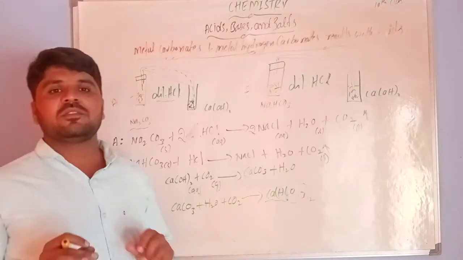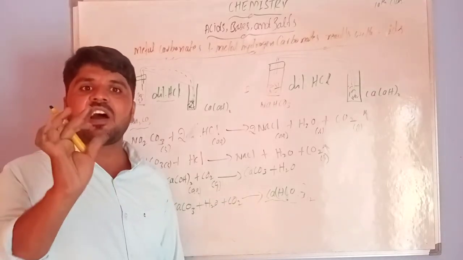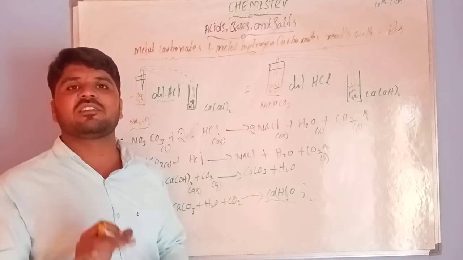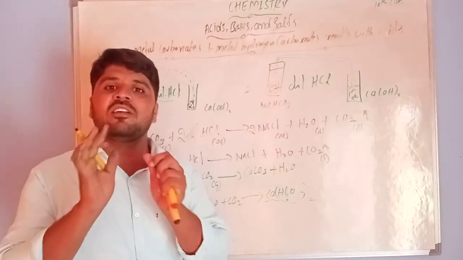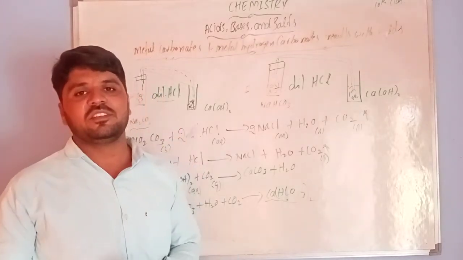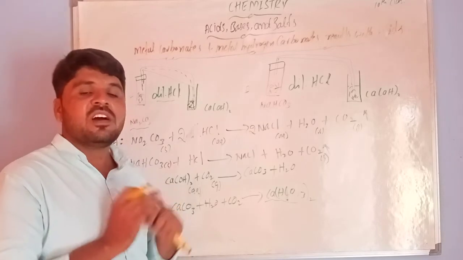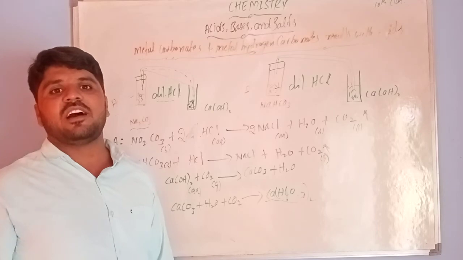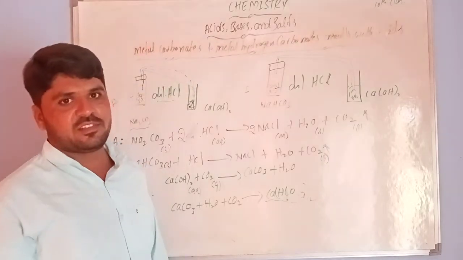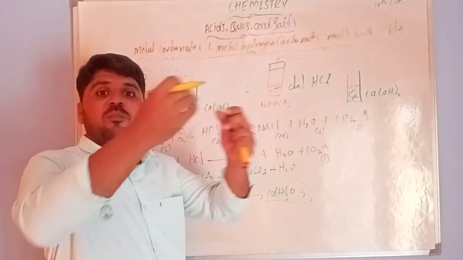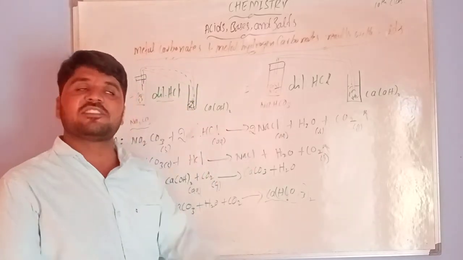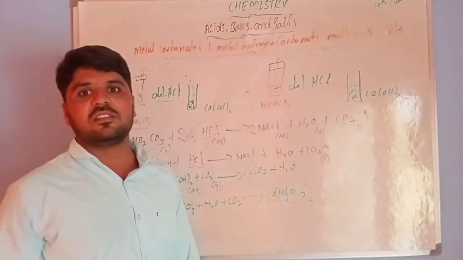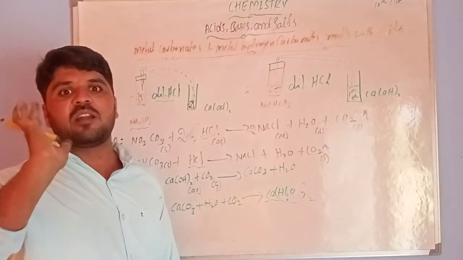Please remember, limestone, chalk and marble are different forms of calcium carbonate. All metal carbonates and metal hydrogen carbonates react with acids. They produce salt, water and carbon dioxide.